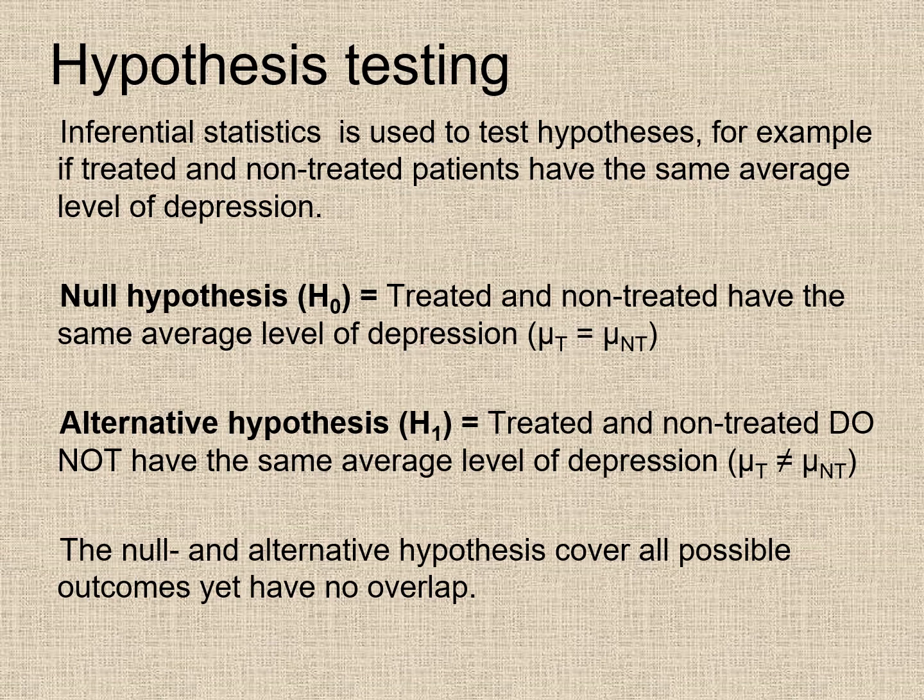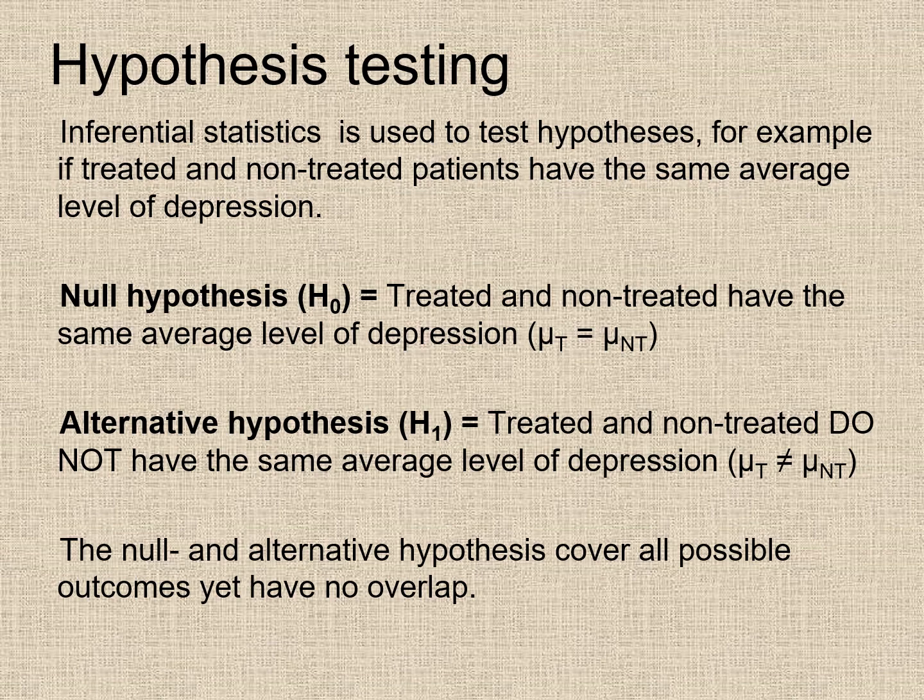If we have two groups and we want to test if there is a difference between the groups' means on a certain variable, then the null hypothesis will always be that there is no difference between the population means. The two populations have the same average value on the variable in question. So if we want to test if treated and non-treated have the same level of depression, then the null hypothesis is that treated and non-treated have the same level of depression.